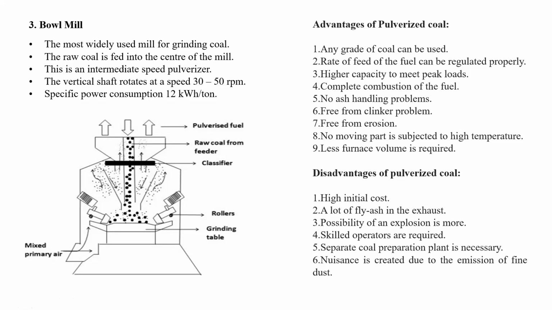For each mill there are 4 outlets and 1 inlet. There were 6 elevations, so 6 mills, with A, B, C, D, E, F elevations of the furnace and 4 corners.